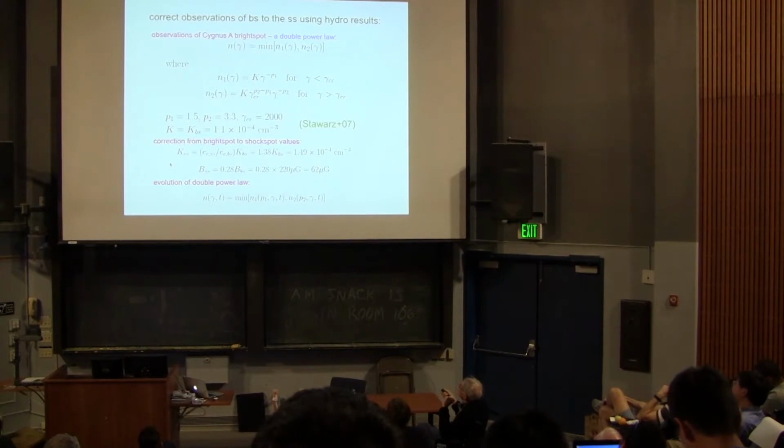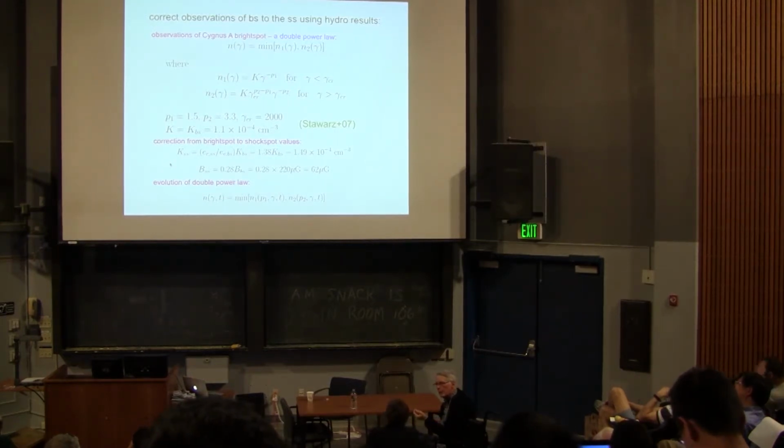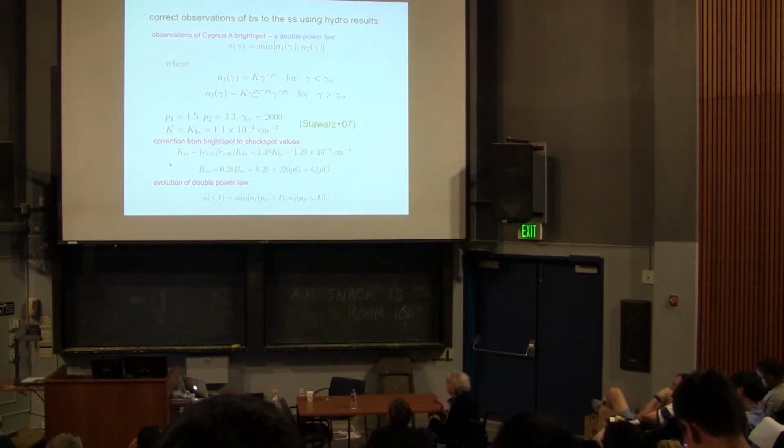And the observations are not at the shock spot. The observations are at the bright spot. This is what everyone thinks is the shock. But the observations are in this case 1.5 kpc removed from the real place I'm interested in, and that is the post-shock region. So I need to use my model to correct this constant k by some factor of order unity.